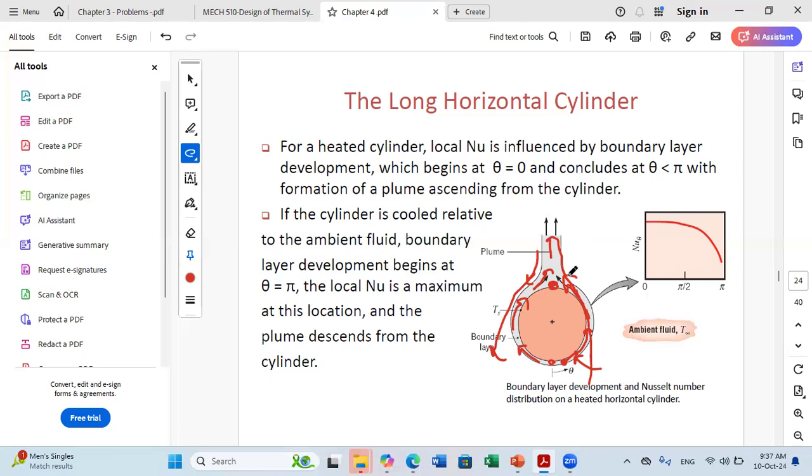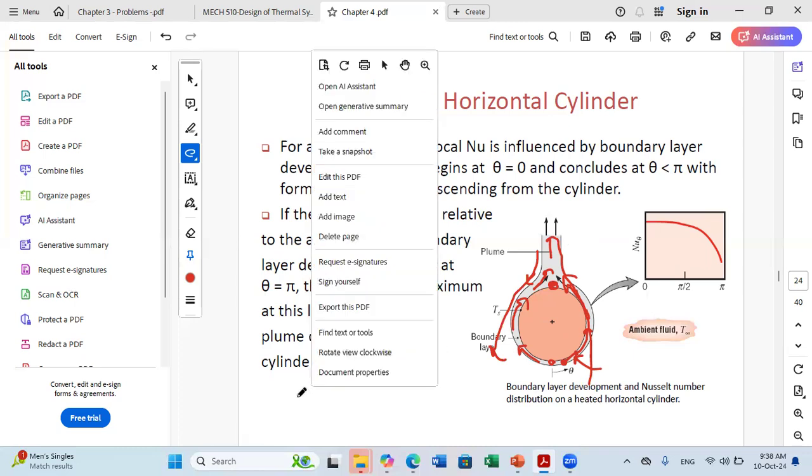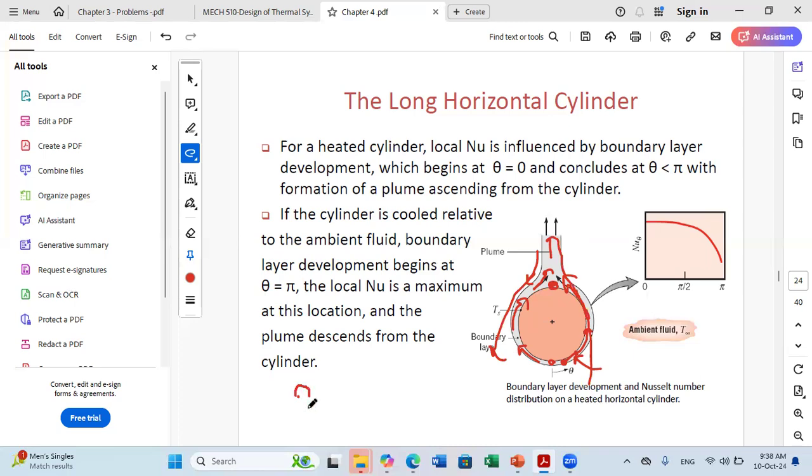Now, if you want to calculate, for example, the total heat transfer between the cylinder and the ambient air, we can say that overall, Q is equal to H average. You know, the convective coefficient might change with location, okay?